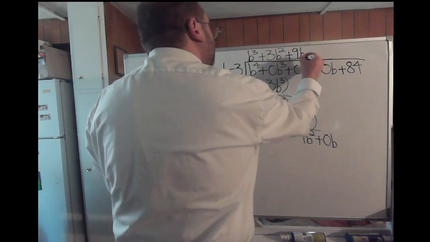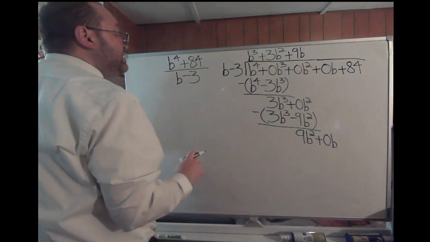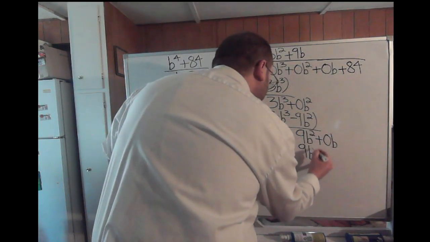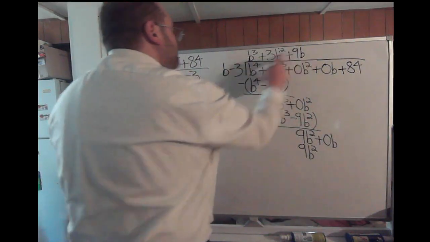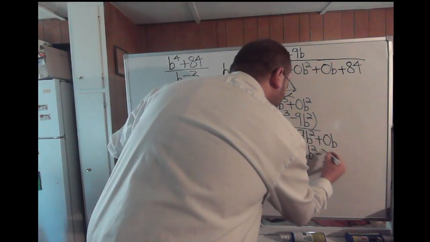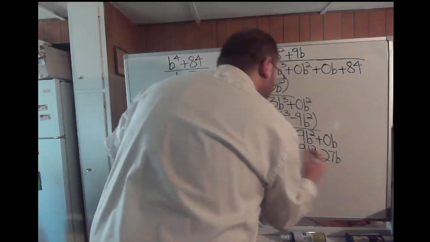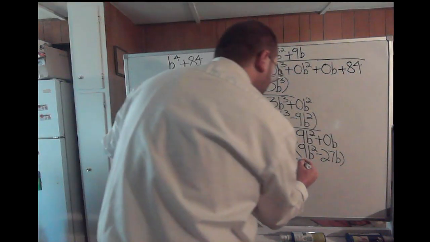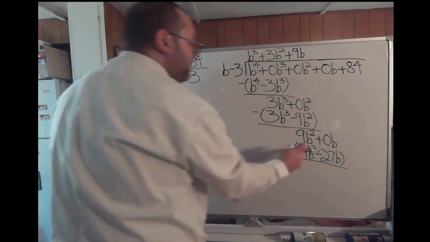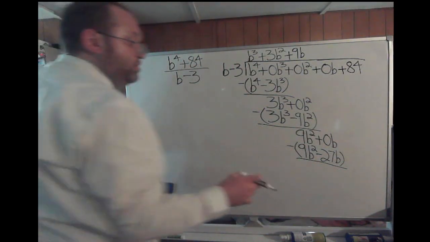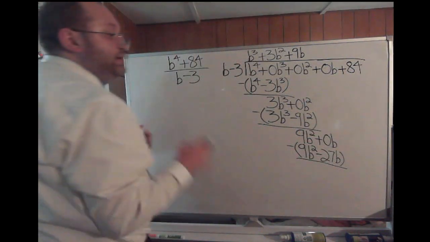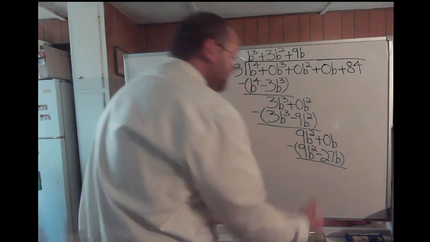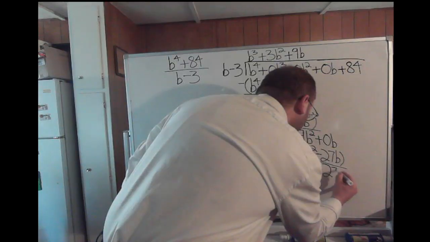So you have 9b. All right, 9b times b, that's going to be 9b to the second. Then you have 9b times negative 3, that'd be negative 27b. Now subtract the quantity of what you just got from your dividend. 9b to the second minus 9b to the second, that's 0. While negative 27b, that's plus 27b. So 0b plus 27b, well, that's 27b.